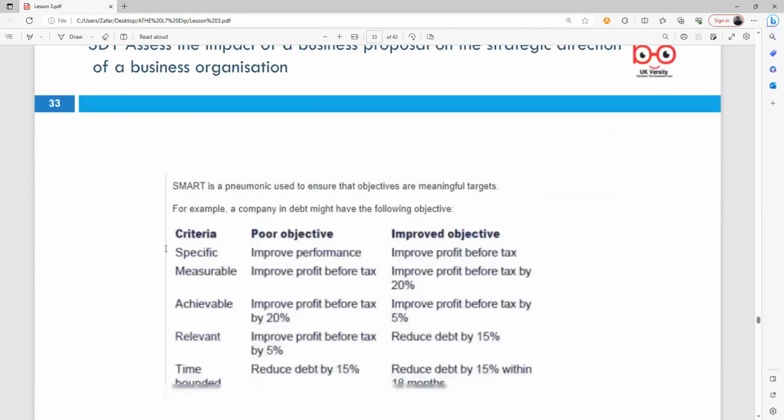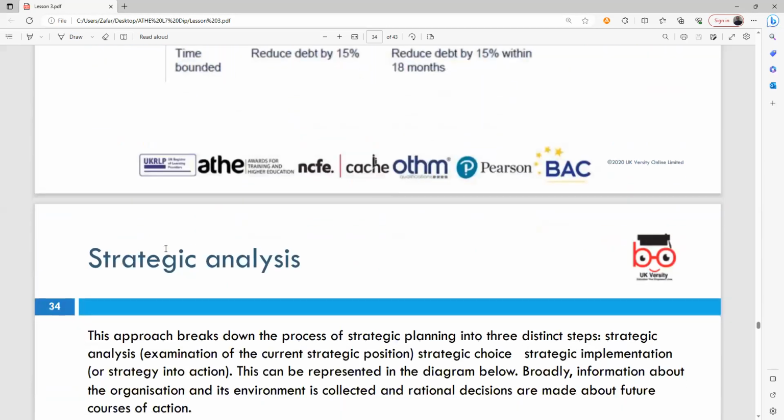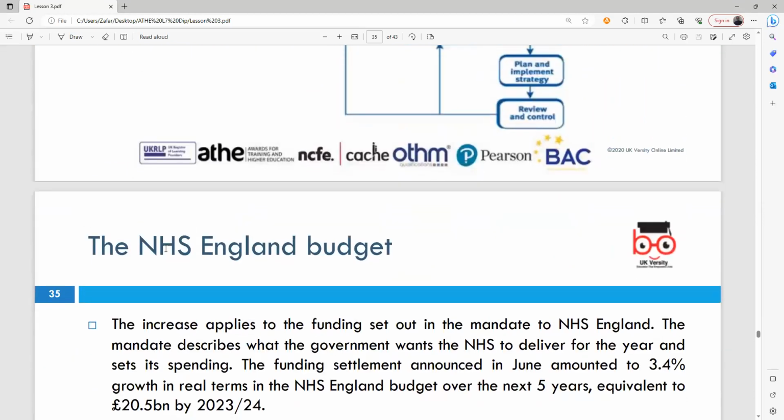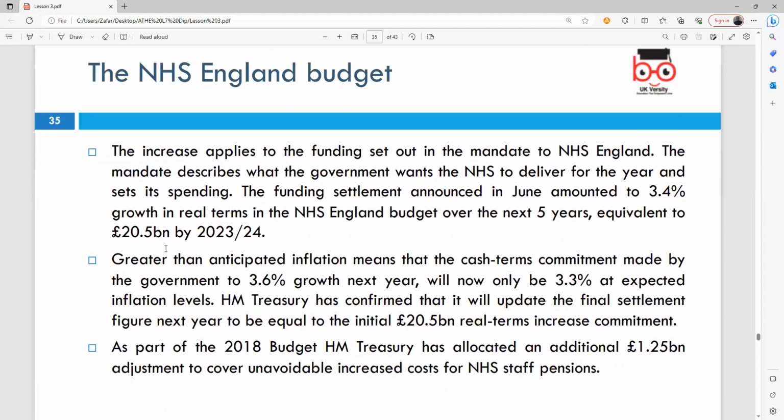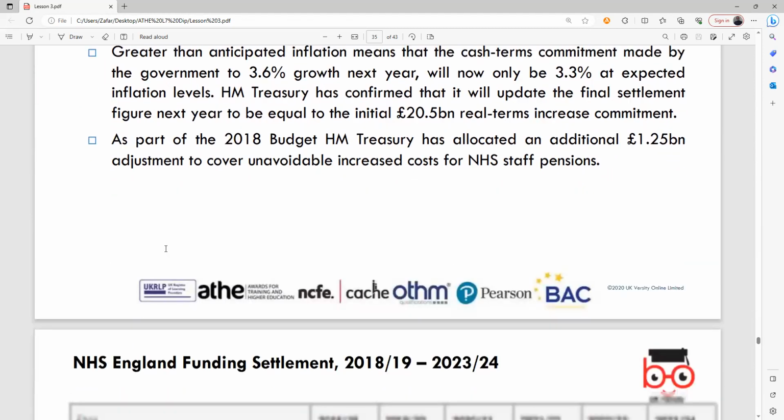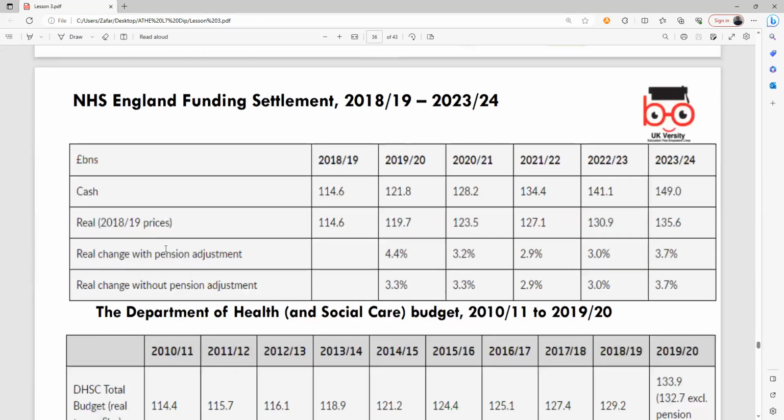Example here, if you look at this particular NHS, you can look at their budget and their outlay, and you can read what they want to do, and you can recommend what they should and shouldn't do.